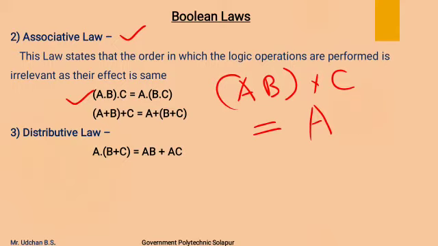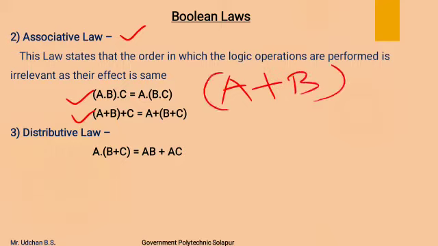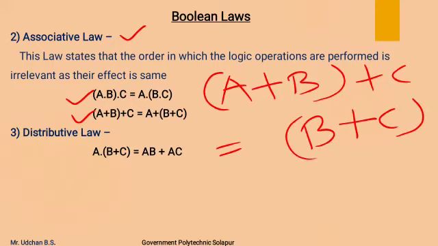In the same manner, the second example is written, that is (a plus b) plus c is equivalent to a plus (b plus c). In this, a plus b is performed first, plus c, which is equivalent to b plus c performed first, plus a.